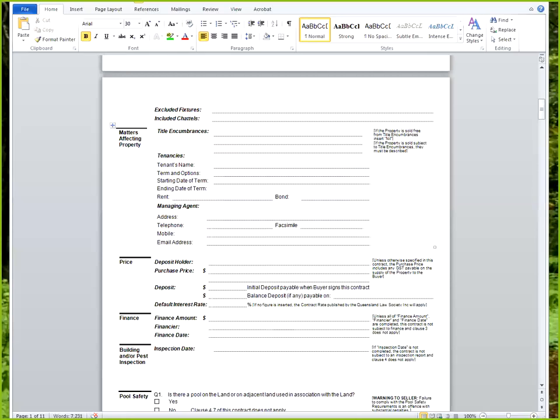That is exactly the type of title encumbrance that should be inserted in the contract to ensure that it is clear that the buyer is purchasing the property subject to the encumbrance, purchasing the property warts and all, as it were. That encumbrance will remain, and therefore it should be inserted on the contract when the contract is drafted.